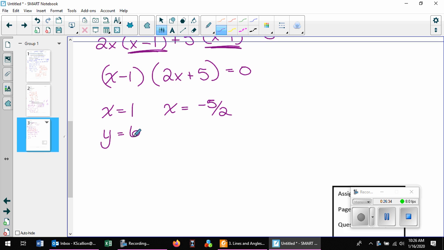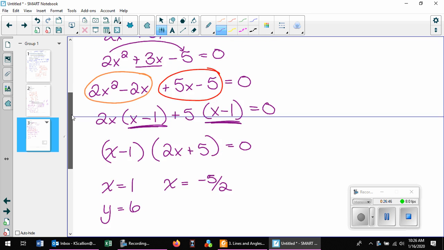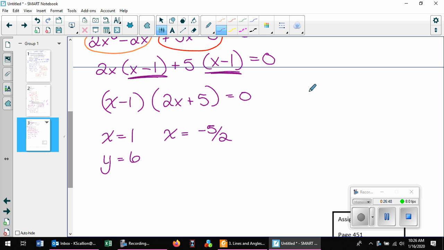Does it matter which one I substitute into? No. Why did I pick the first one? Because it's easier. Maybe it's easier. Okay, so now we've got 6 times negative 5 over 2 squared minus a negative 5 over 2 minus y equals, what is it equal?